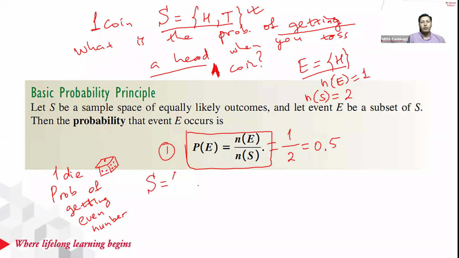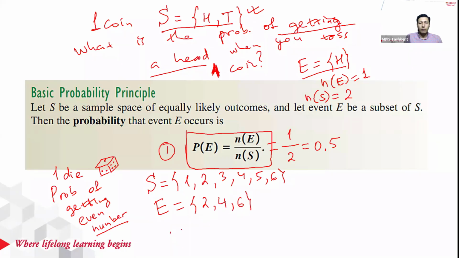How many faces do we have? 6. You may get 1, 2, 3, 4, 5, and 6. The event is about getting an even number. How many even numbers do we have here? 2 is even. You know odd and even are like juft and taq. So 2, 4, 6.